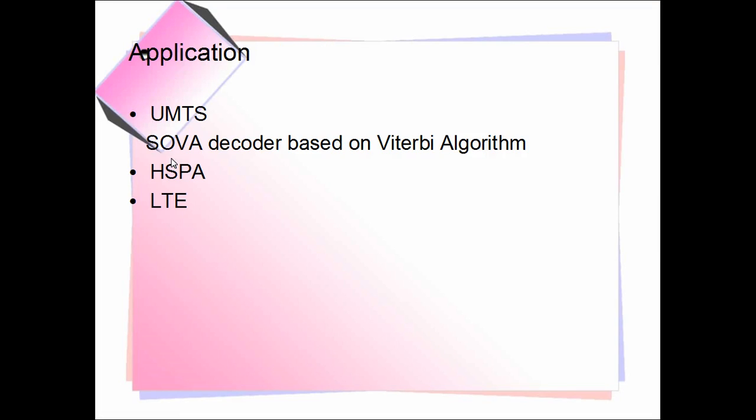Okay, turbo code is, of course, widely used in third generation communication standards, UMTS, HSPA, LTE. All these standards use turbo code as the coding scheme.